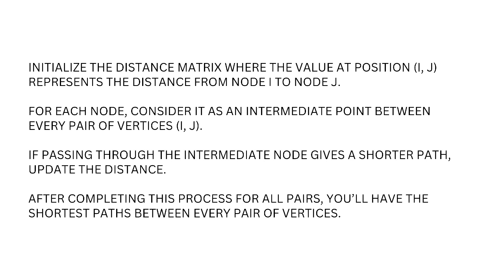The second step is, for each node, consider it as an intermediate point between every pair i to j. If passing through an intermediate node gives you a shorter path, update the distance. That's it. After completing the process for all pairs, you get the shortest path between every pair of vertices. That's what the process simply is.